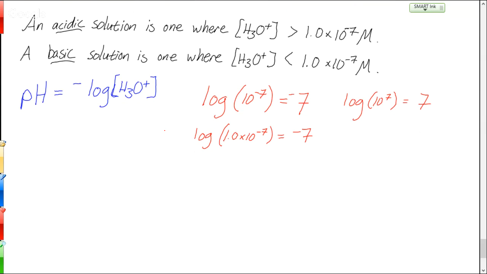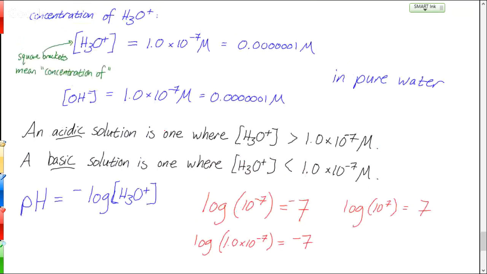All right, so that's where pH comes from, the negative log of the hydrogen ion concentration. But you'll notice that when we talk about water, we also have this hydroxide ion hanging around.